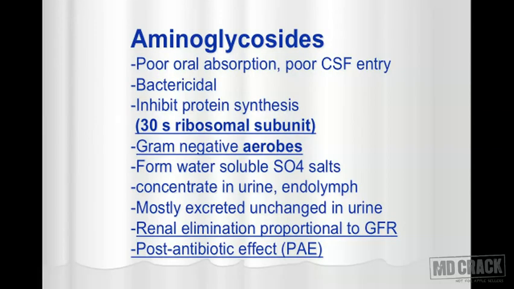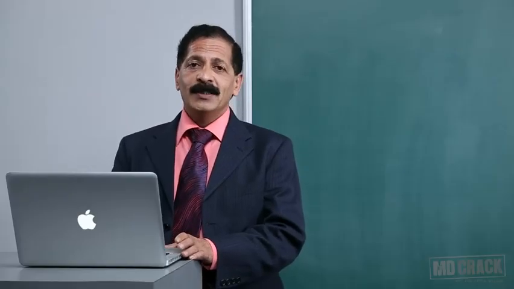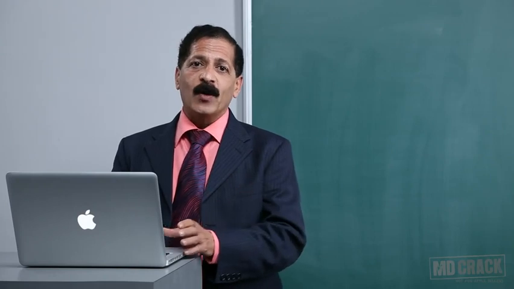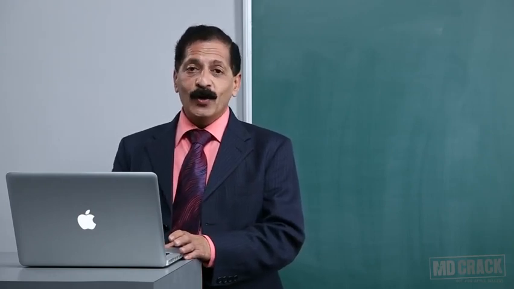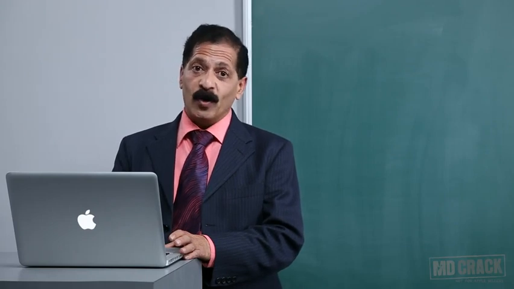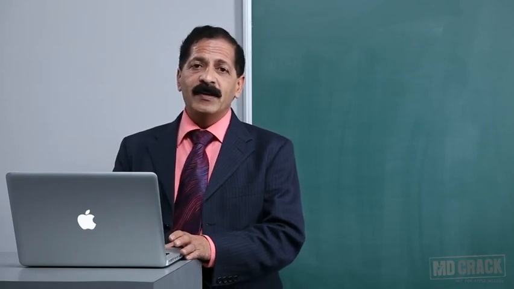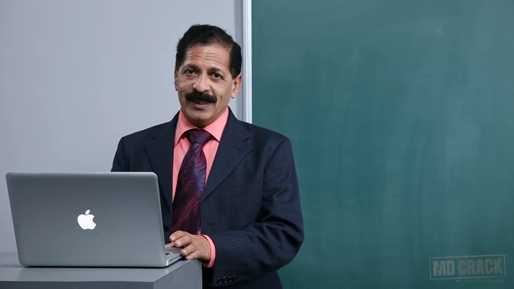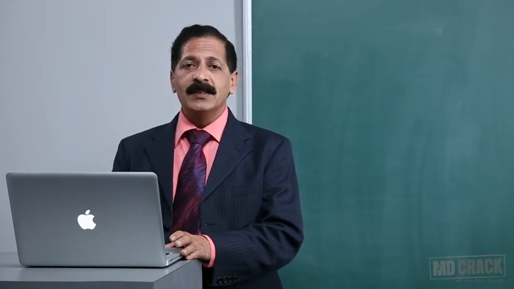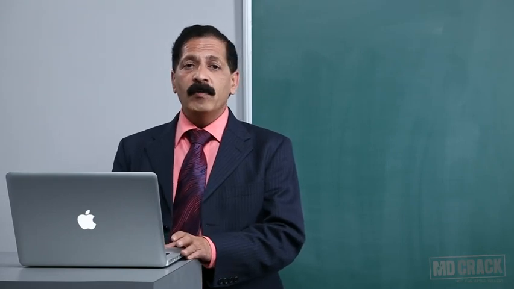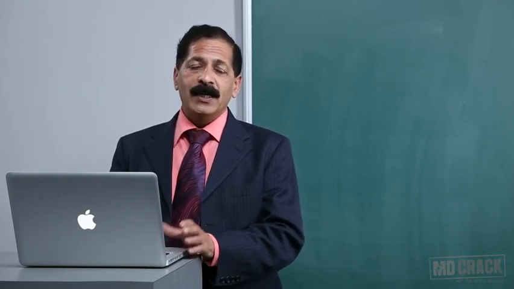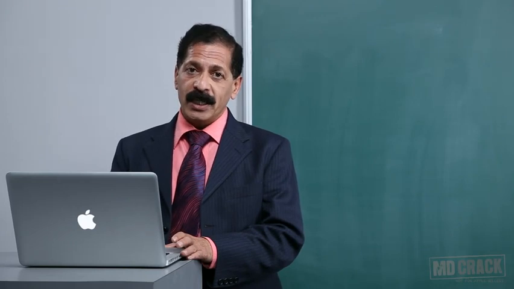Aminoglycosides have a poor oral absorption. A very important thing to remember. If you think of giving them as a tablet or capsule by the oral route, they are not going to get sufficiently absorbed. They are not going to achieve required plasma levels. This is why the route of administration for aminoglycosides for systemic purposes will always be a parenteral route, an intramuscular or intravenous injection.